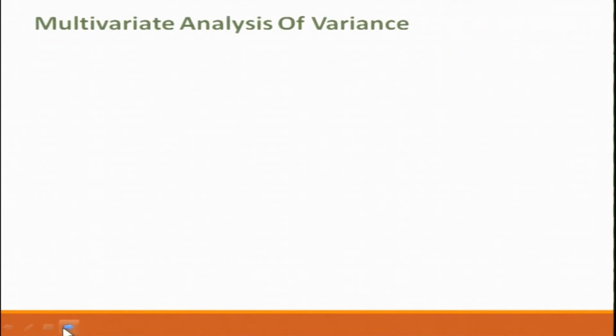Also we have multivariate analysis of variance, that is MANOVA. So what is multivariate analysis of variance? It is similar to ANOVA except that we have more than one dependent variable.